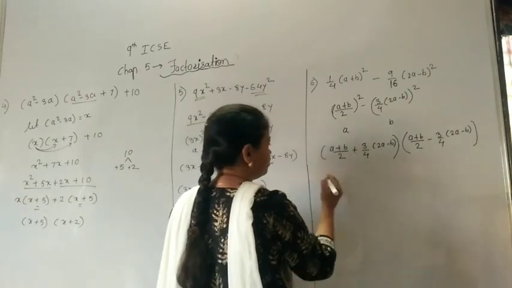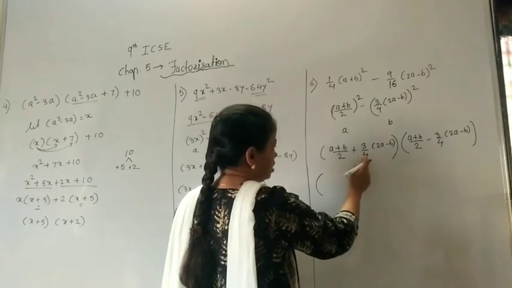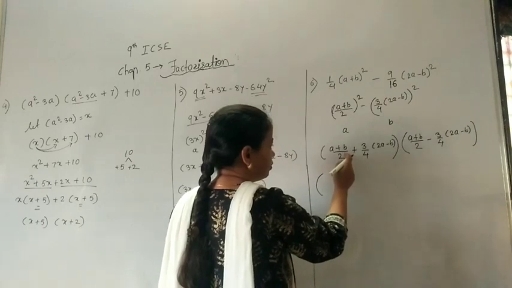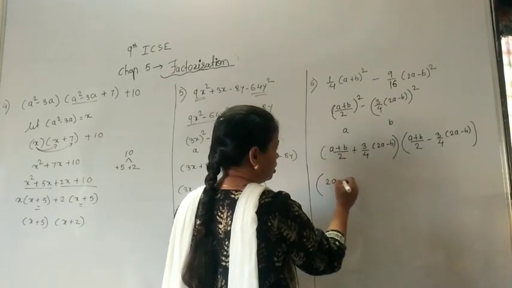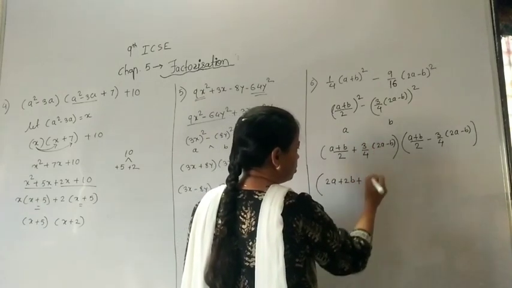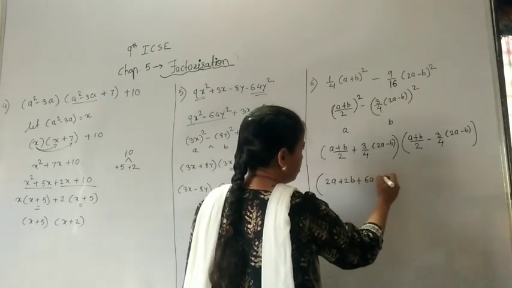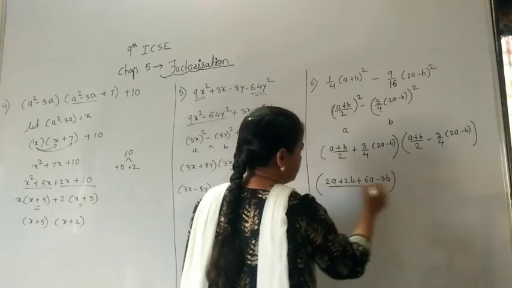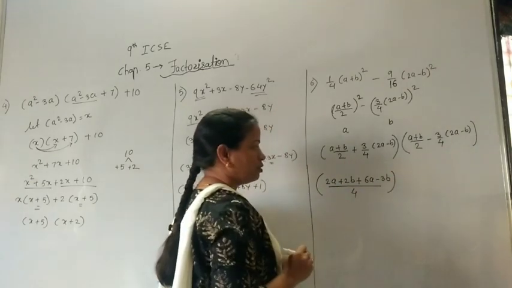Now here LCM should be there. That's why I'm multiplying by 2 here. So 2a plus 2b plus 3 into 2a is 6a minus 3b. As we take LCM, 4 is the denominator.